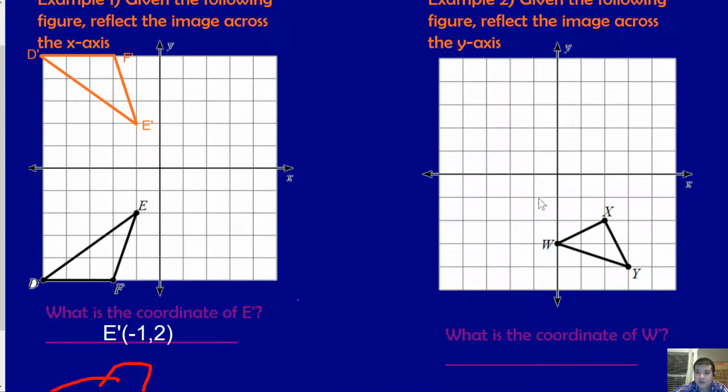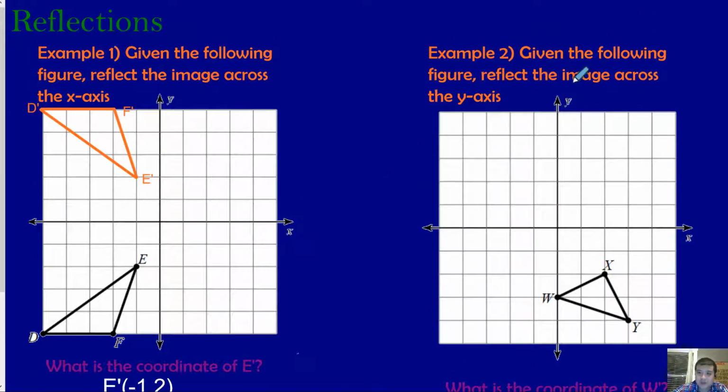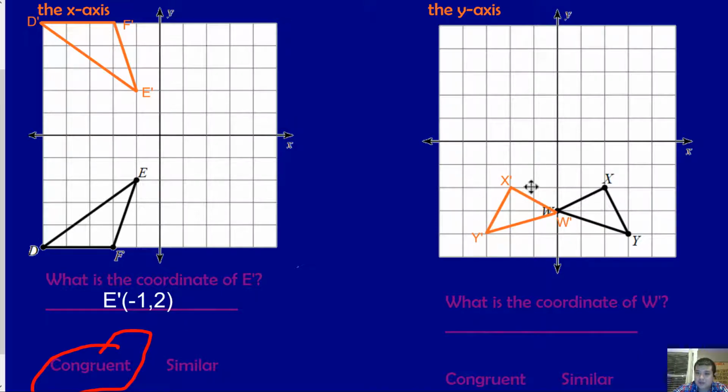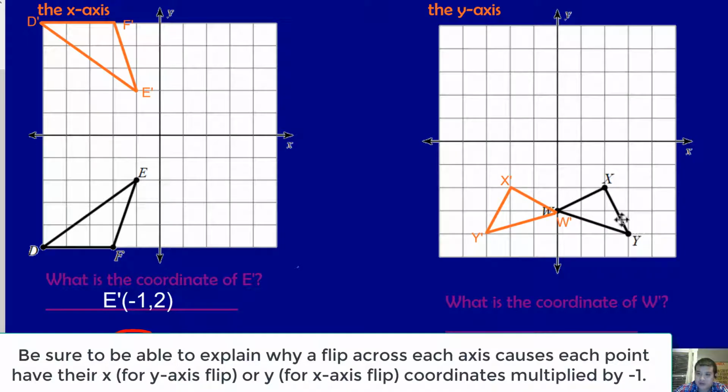Over here it says, given the following figure, reflect the image across the y-axis. So we're reflecting it across this right here, which means we are changing the direction from left to right, from the right side to the left side. We're going to multiply the x-coordinates, because the x-coordinate determines the left and right part of the location, by -1. So it should look something like this. Notice how it flips over: the y is over here, the y is over here, x, x, w, w.